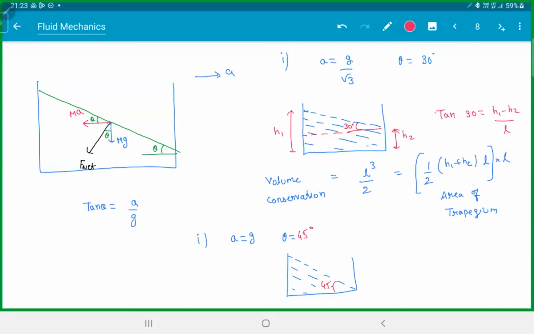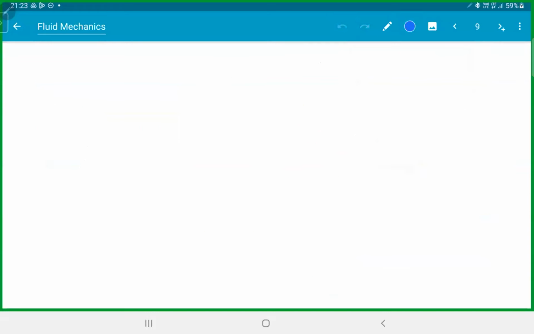See, did anyone get the idea? What is the angle? 60 degrees, right? How will you draw 60 degrees here? The problem is you can't draw like this because the liquid will not be like this.